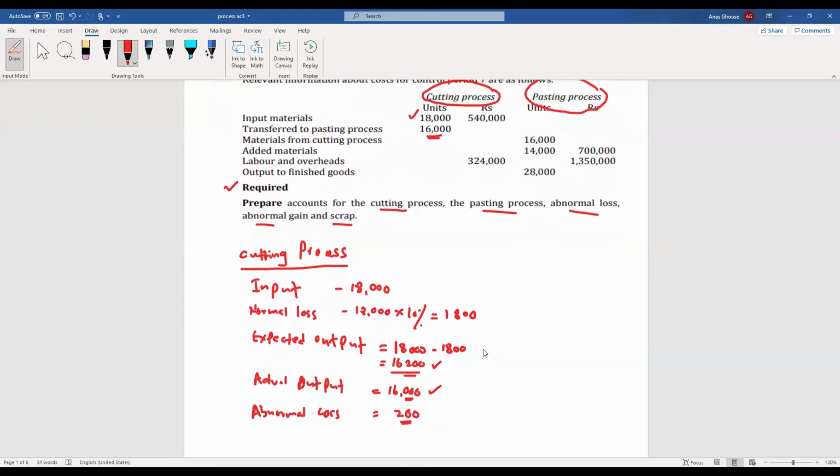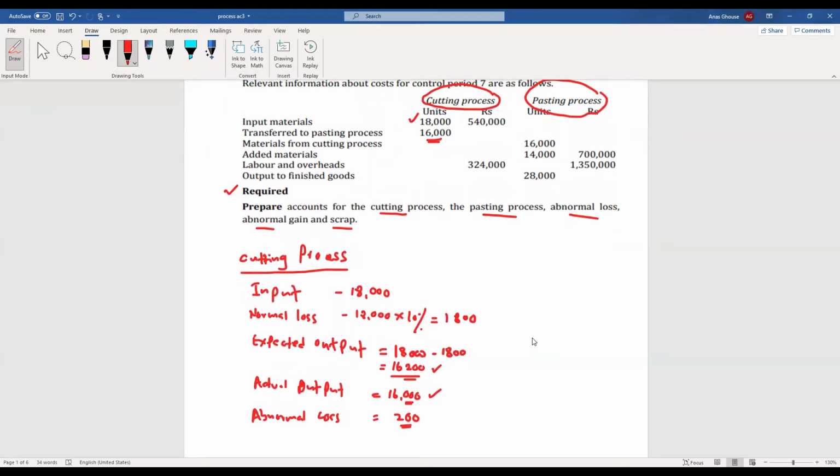Now, with regard to this input, we have a material cost of 540,000, plus labor and overhead cost of 324,000.